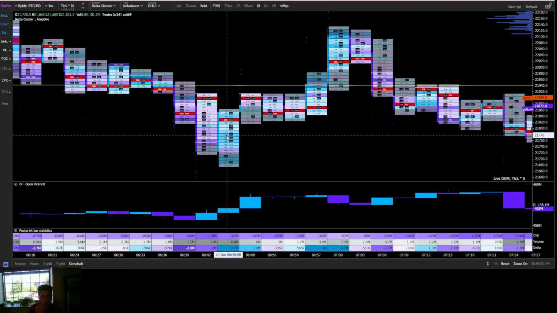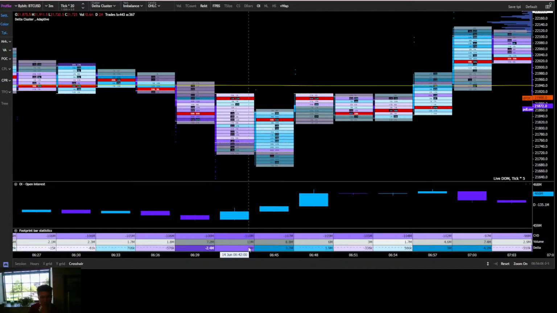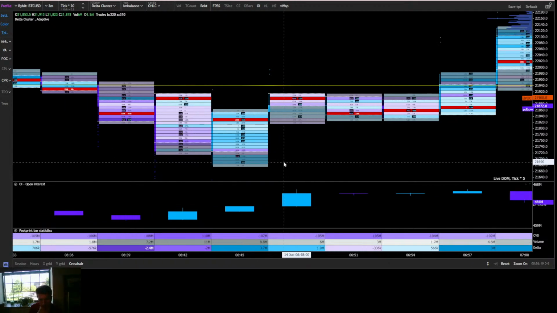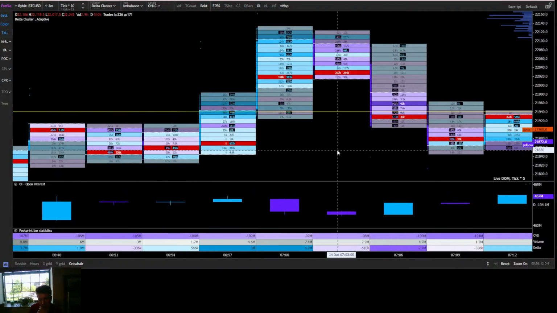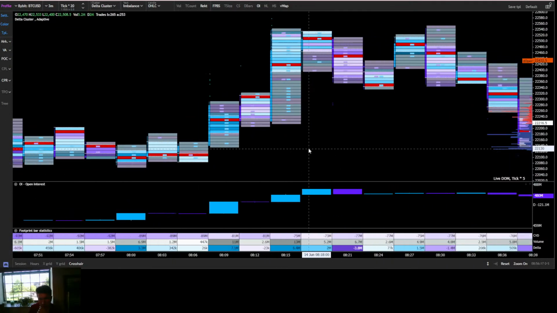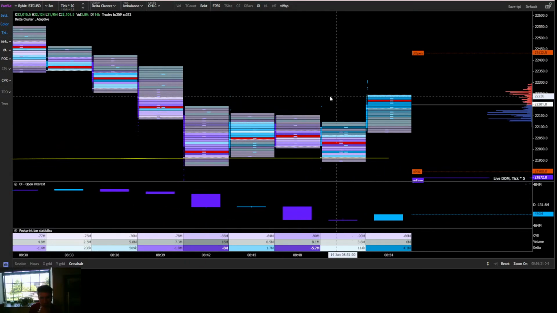We'll see down here. This would have been the support, so I guess it is holding. Good amount of delta overall. Some shorts getting stopped out, it looks like.